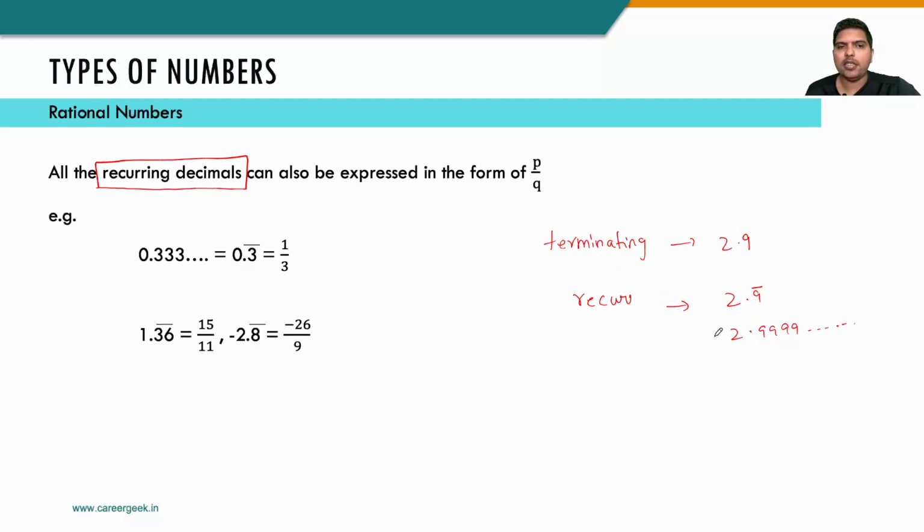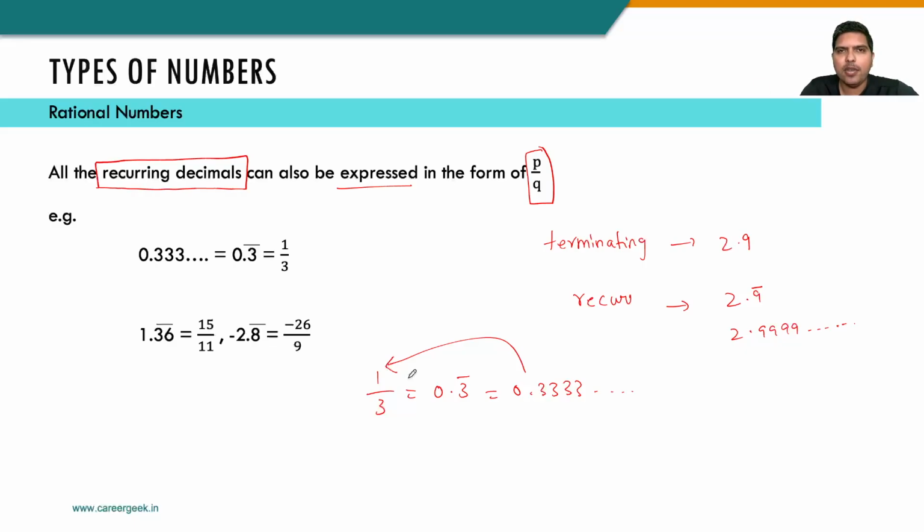Now even the recurring decimals are rational numbers because even they can be expressed in the form of P upon Q. Now, how do we find out their values? Most of us would know that the value of 1/3 is 0.3 bar, right? Just 0.333, and so on. So this is a good starting point to recollect that recurring values, like 0.3 bar, we can write in the form of 1 upon 3.